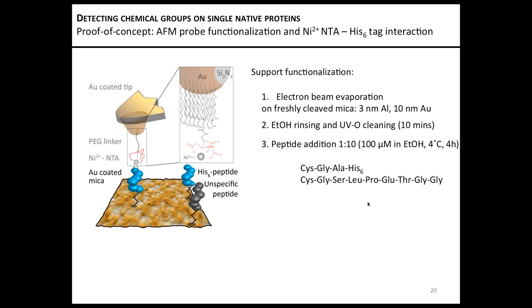Afterwards, you covalently bind peptides to this gold surface, which bear a terminal cysteine. The specific peptide is a nonapeptide, which will have 6 histidines in the end. The other peptide, which is an unspecific peptide, just has a random sequence of amino acids in the end.